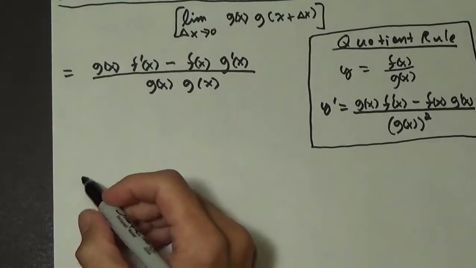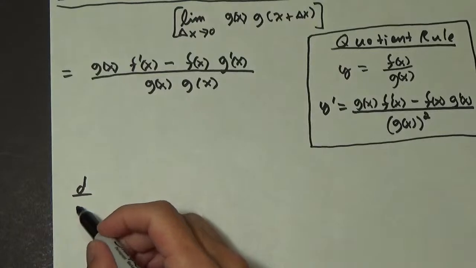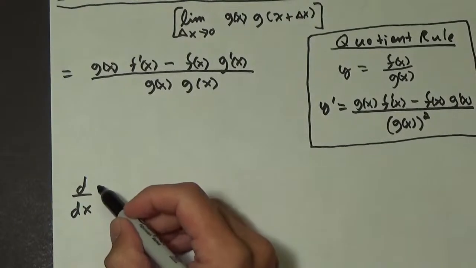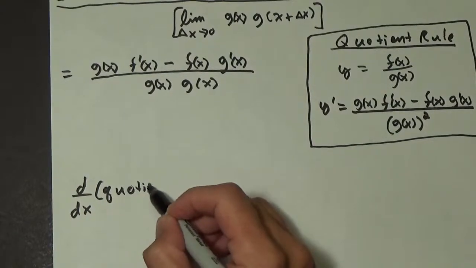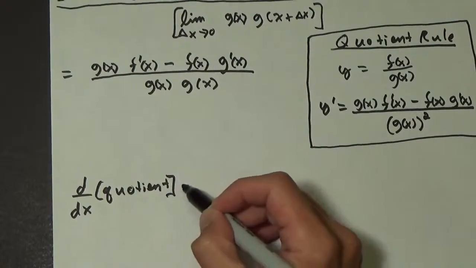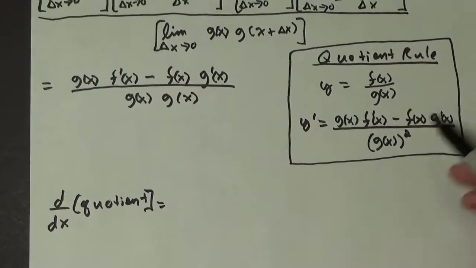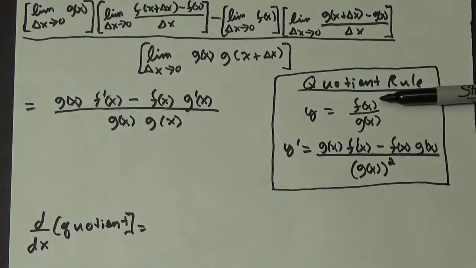It's the derivative of a quotient equals. When we have a quotient, we have a top and a bottom. So instead of saying numerator denominator, we actually have a top and a bottom.